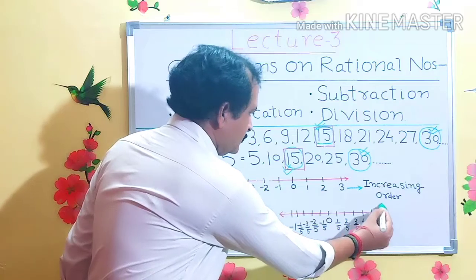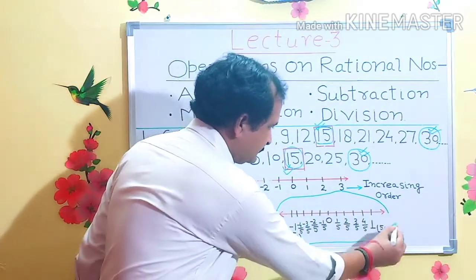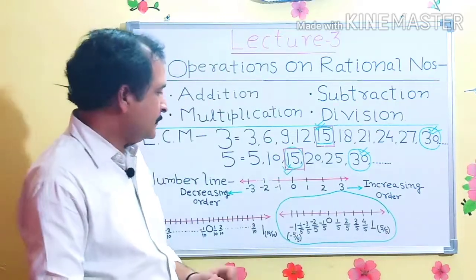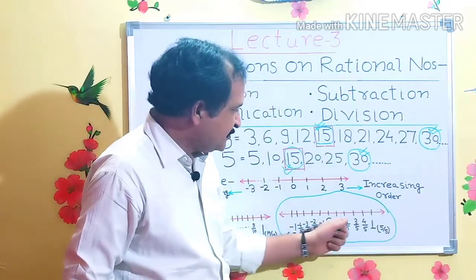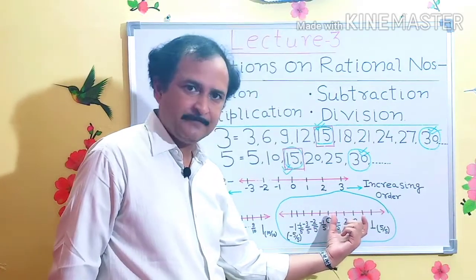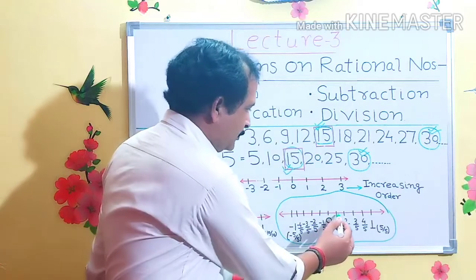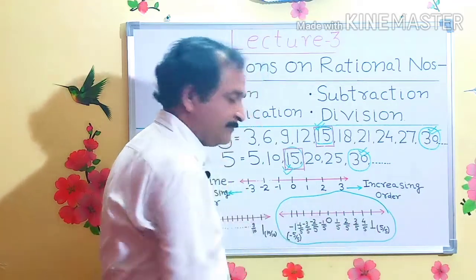Now take a look at this number line. Here between 0 and 1, the whole line is divided into 5 equal parts: 1, 2, 3, 4 and 5.